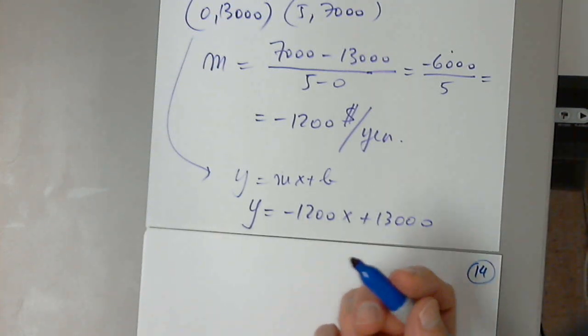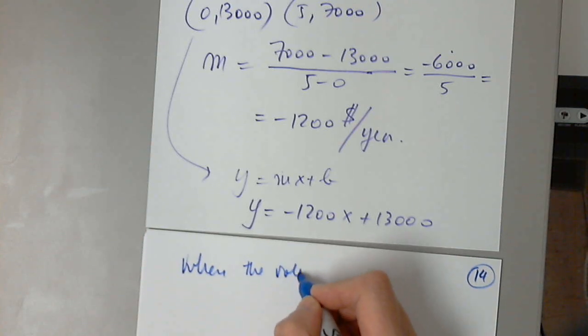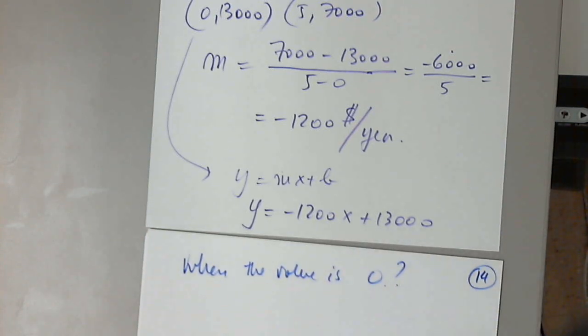So now let's say another question is when the value is 0. The car I drive is in minus. It passed that 0 a long time ago. I have to pay you if you'd like to get it from me.